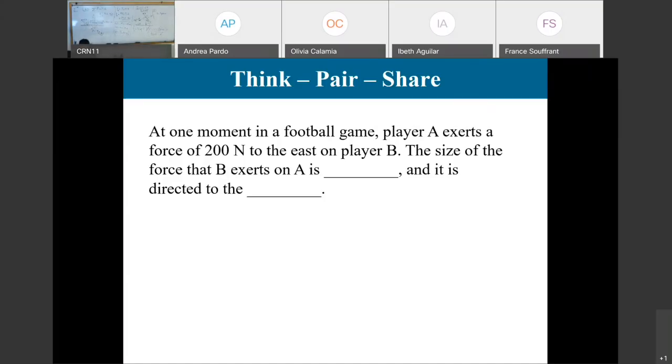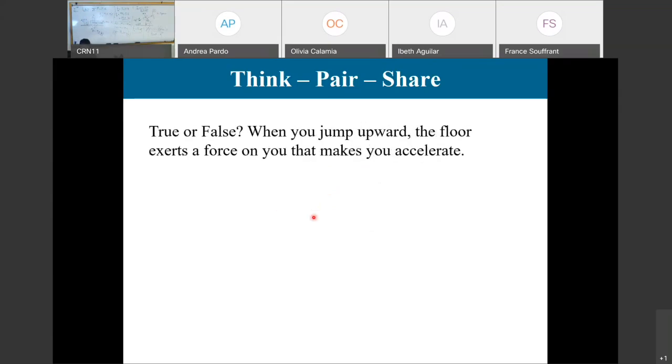So, actually, can I use this? Okay. So there was a way to write in there. Anyway, that's fine. So 200 newtons to the west.